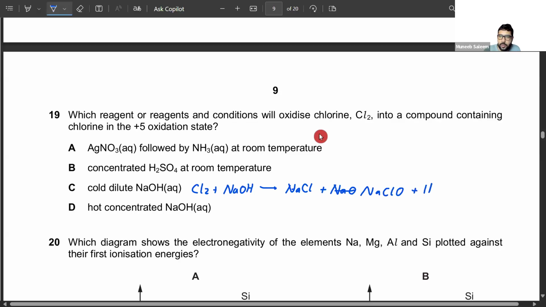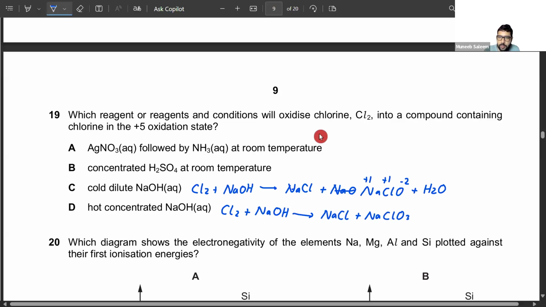Plus water. In this case, the oxidation state of chlorine was +1, because the oxygen had -2 and sodium has +1. In the other case, when it reacted with hot concentrated NaOH, it was Cl2 plus NaOH, and that produced NaCl, similar to the cold NaOH, plus NaClO3.